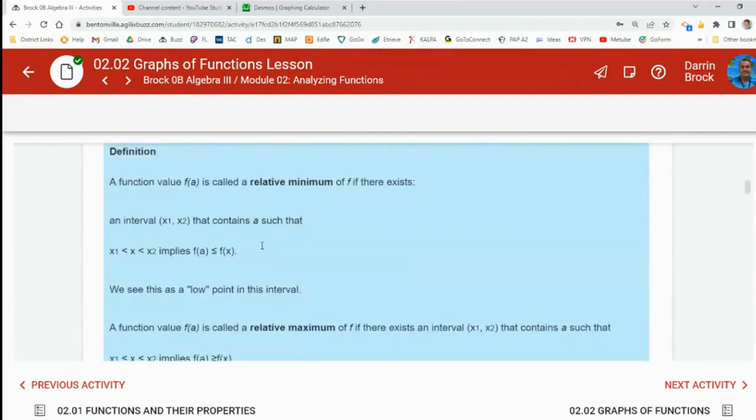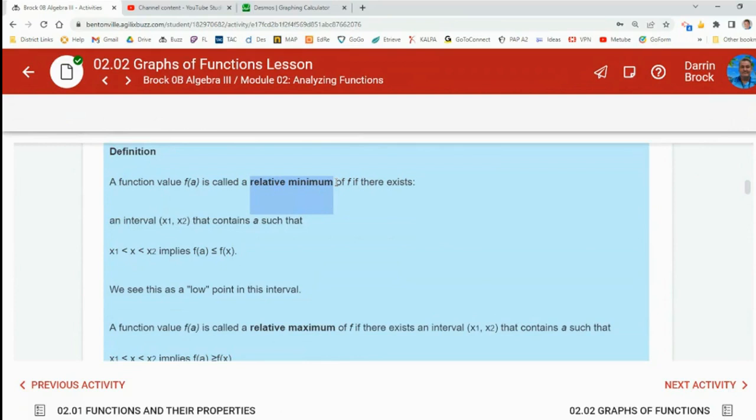All right, so a function f of a is called the relative minimum if an interval x1, x2 contains it such that x1 is less than x is less than x2. That means your f of a is going to be less than the values around it, than the f of x. We'll make it a relative minimum if, on either side of a, the y value is larger.